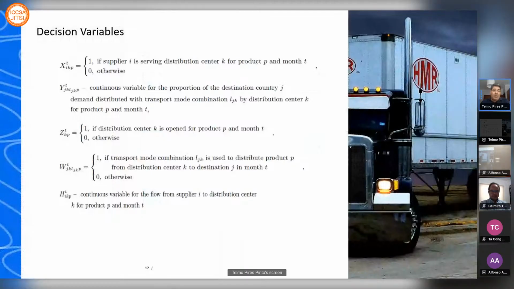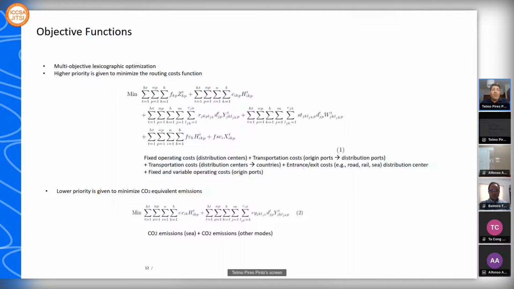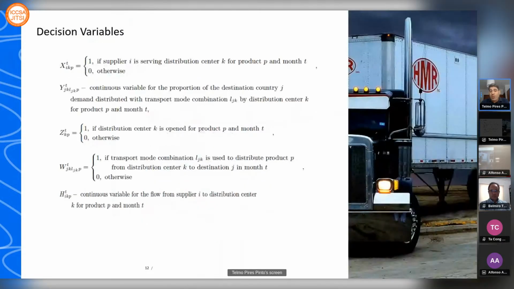In this slide, I'll try to explain the main decision variables we will use. I will not go into deep mathematical details. First, we need to decide which suppliers serve which distribution centers each month and for each product, for each commodity. And that's what variable X tries to capture. Then we have the variable y, which looks at how demand in each destination country is being met.